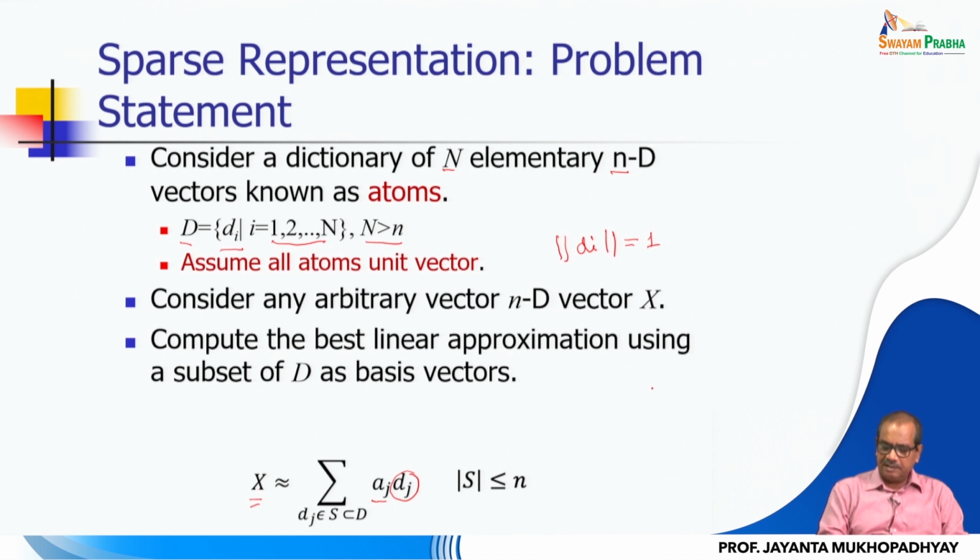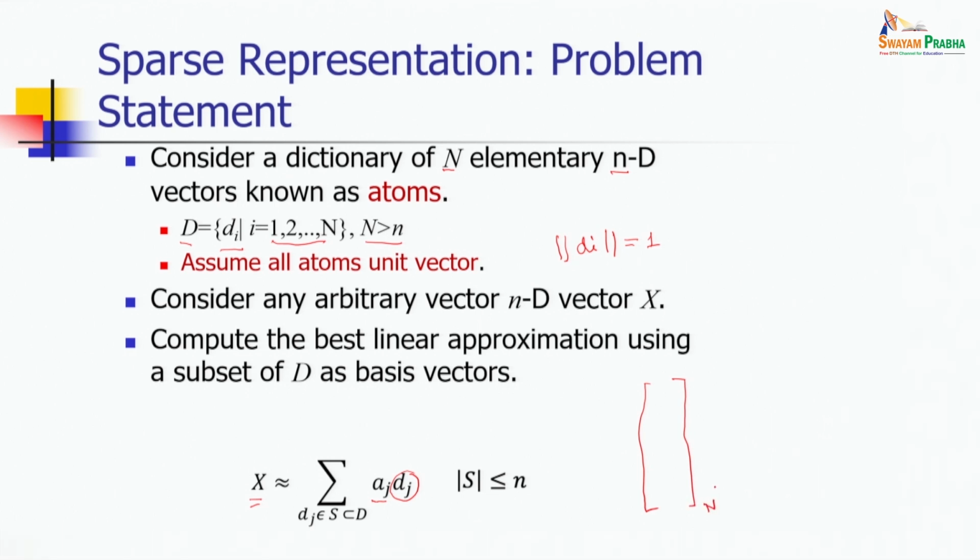Or otherwise, we consider an N-dimensional coefficient vector, with coefficients corresponding to each of the atoms in some linear order, so that only a few of them will be non-zero. Few of them would be non-zero, most of them would be 0. That is the sparsity.